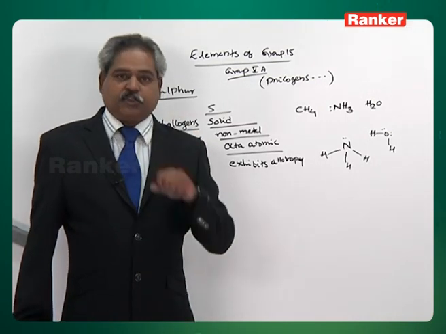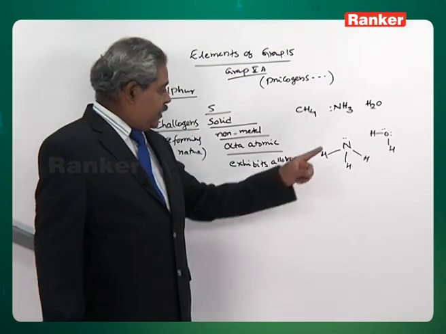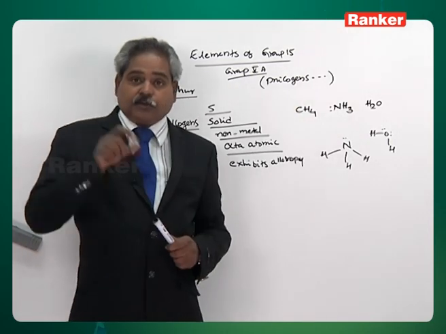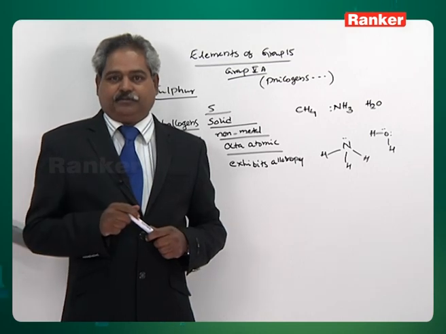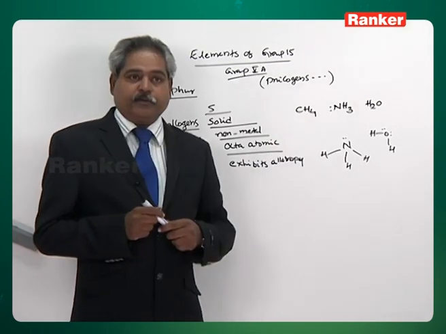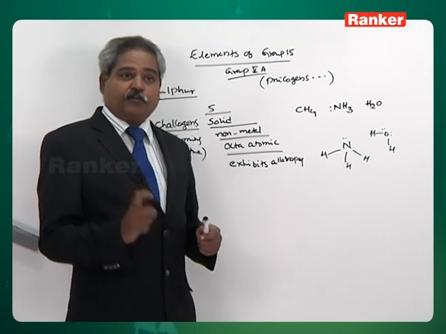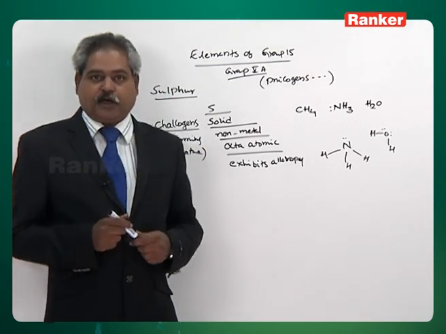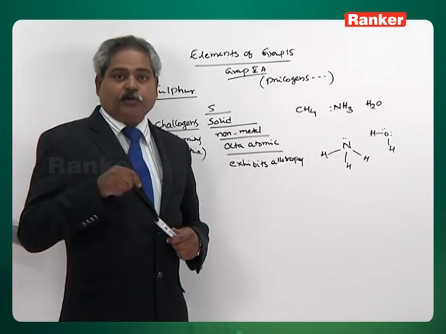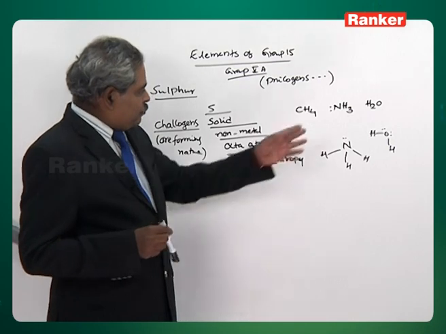It is slightly toxic. Why? It has a lone pair and it can form a bond with some of the ions in the blood. We have so many ions, especially iron 2 in hemoglobin. So, this ammonia can form a bond with some of the ions in our body.